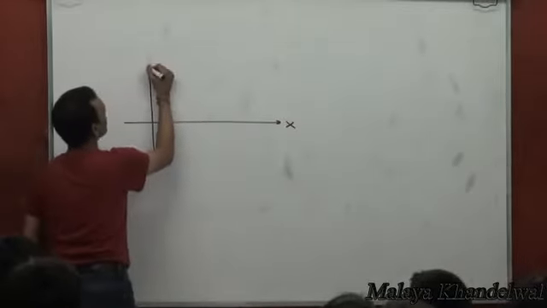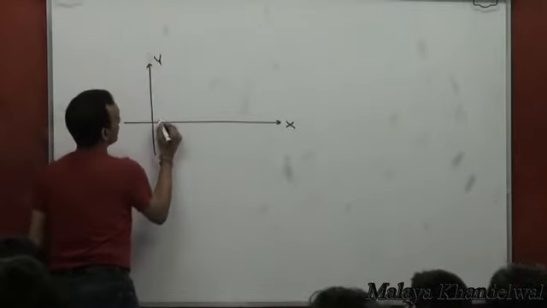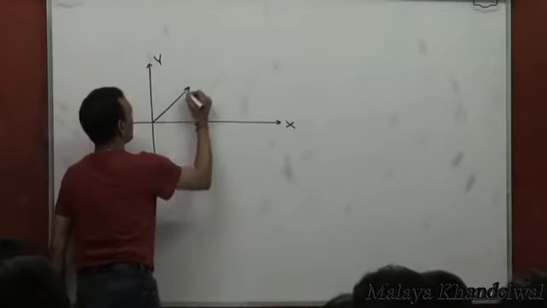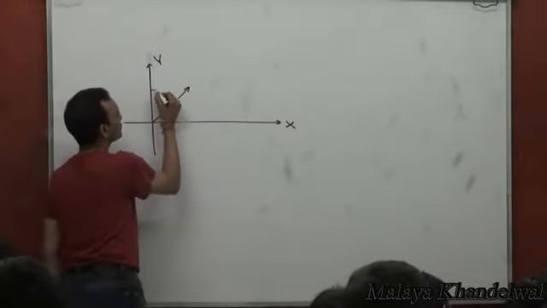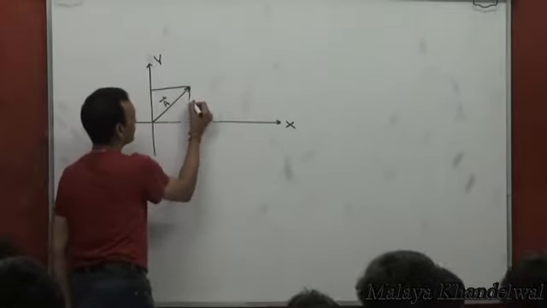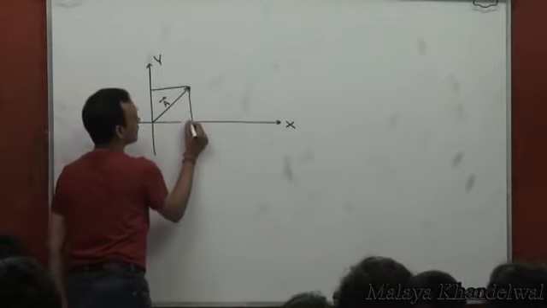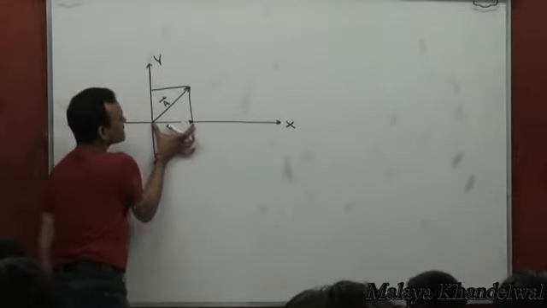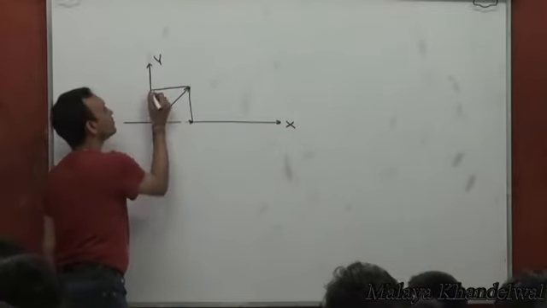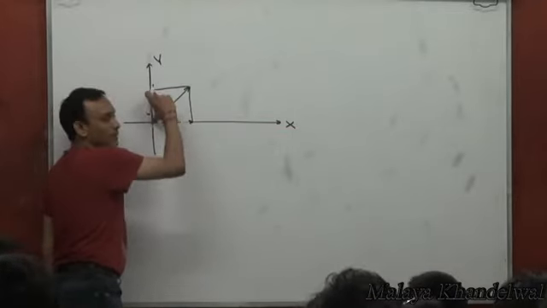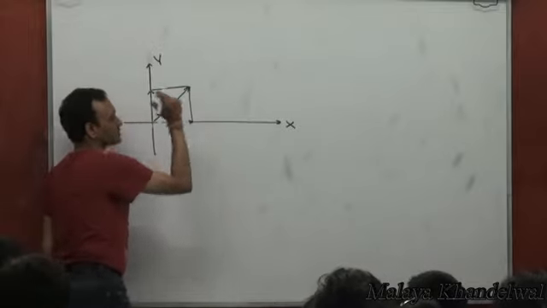Now, like I said, if there is a vector A, for example, then this vector is its component in the x direction. This vector is the component of A in the y direction.